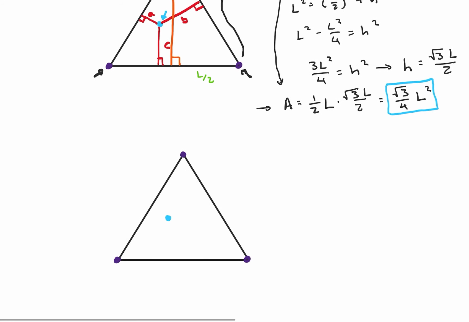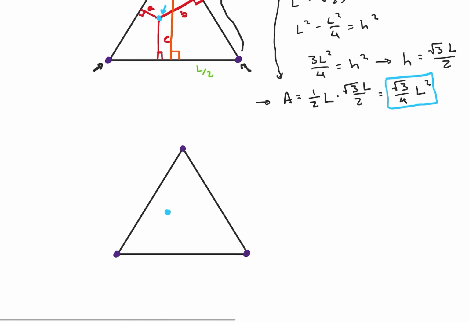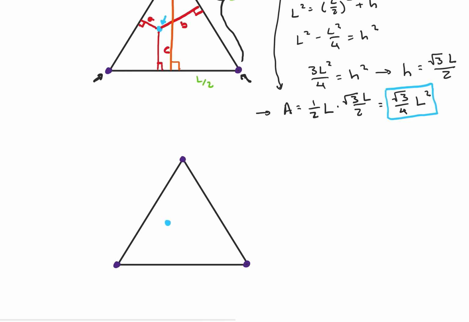Now let's look at this a little bit differently. We already have our three distances, which I've labeled A, B, and C. I'm going to break down my triangle into three subtriangles. Let me straighten that line out a little bit. Make this line here, and then this line here.